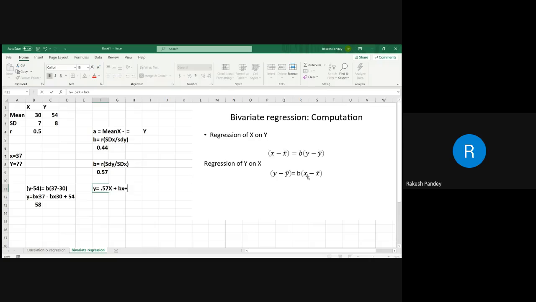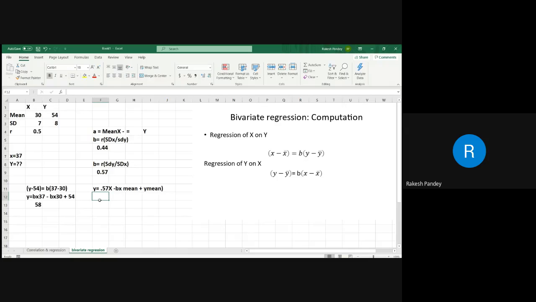Sorry, minus b x bar. I cannot write x bar, so x mean, plus y mean, and we know the values.